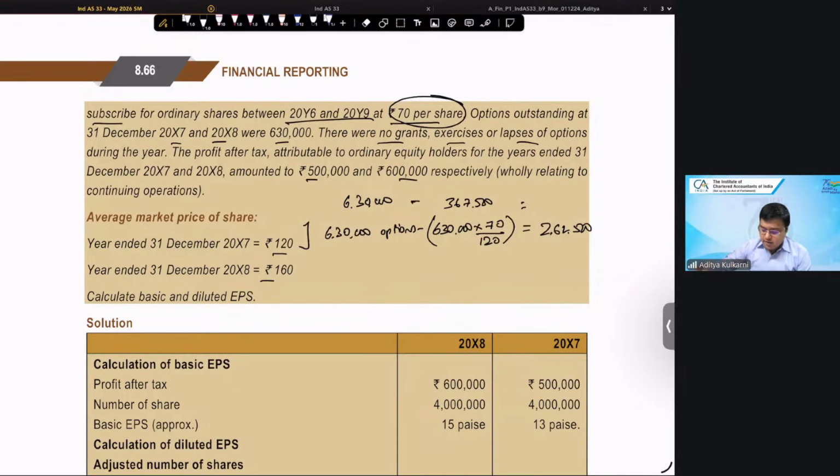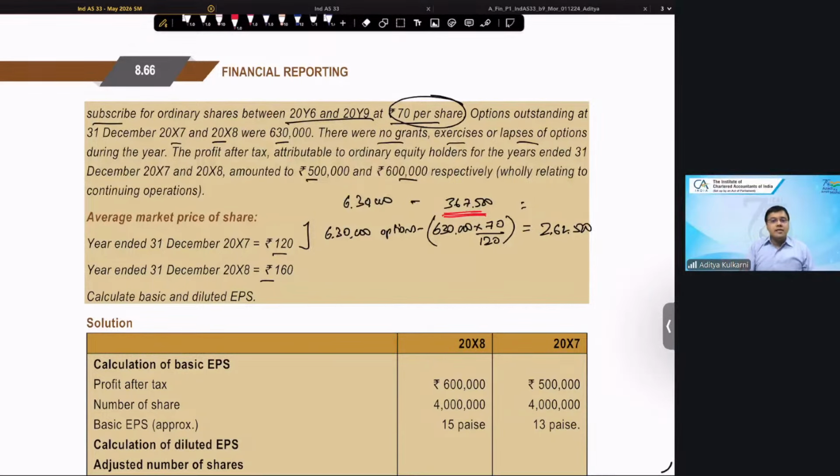So that is the reason. Now in this question, you can see the subscriber is having 6,30,000 options, but he is giving money for how many options? Equivalent, he is giving money for 3,67,500. So sitting today, I don't know whether he will give 3,67,500 worth of cash or not.